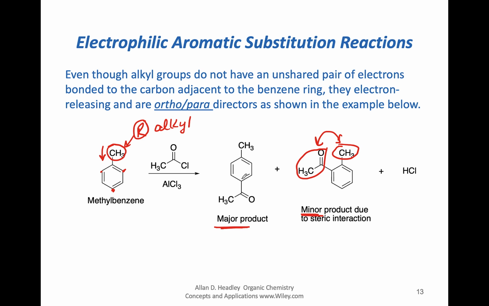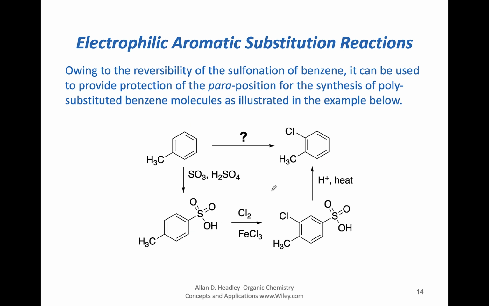So the major product is the para product. So if you're asked to predict the major organic product, this is it. This is the minor one, so you would not write that as the organic product. And of course, this is the inorganic product, so that's not required in writing the structure of the major organic product.